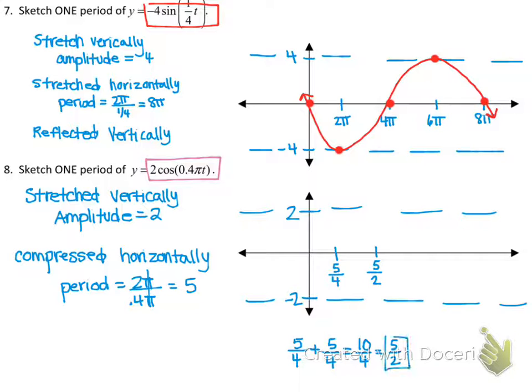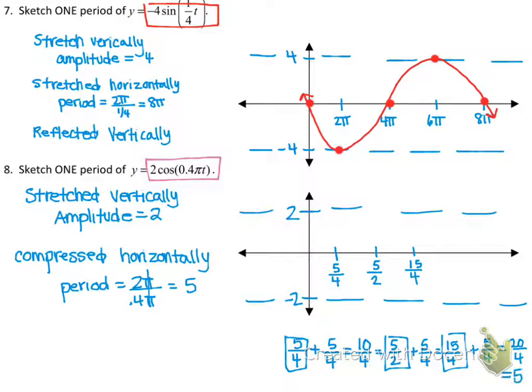Okay, so this is our second one. This is our first one. Then I'm going to add another 5 over 4, and I'm going to get 15 over 4. That's my third one. That does not simplify. And then when I add another 5 over 4, I get 20 over 4, which is equal to 5.